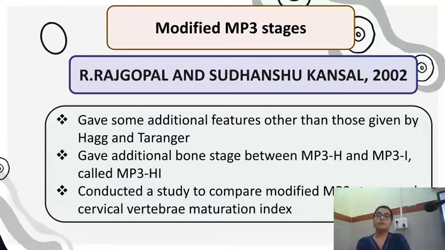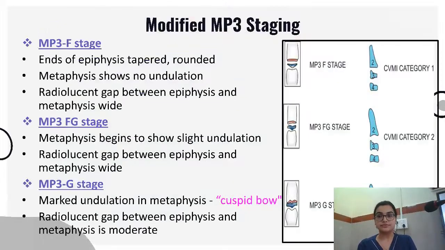They modified it with some additional features other than those given by Hassel and Tanner. They gave an additional stage between MP3H and MP3I and called it MP3HI, and they conducted a study to compare the modified MP3 stages and the cervical vertebrae maturation index. So modified MP3 staging. In MP3F stage, the ends of the epiphysis are tapered and rounded.